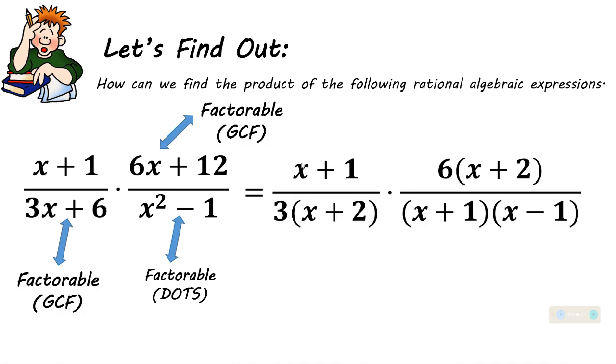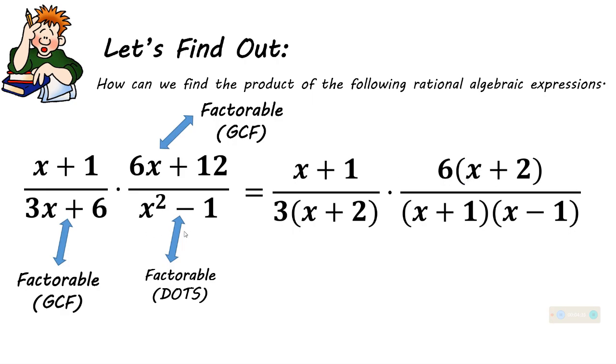As you have seen, we have here x plus 1 all over 3x plus 6. If you are going to express it in factored form, it will be 3 times x plus 2. I hope you still remember factoring polynomials with GCMF. Also with the numerator, 6x plus 12 will be factored as 6 times x plus 2.